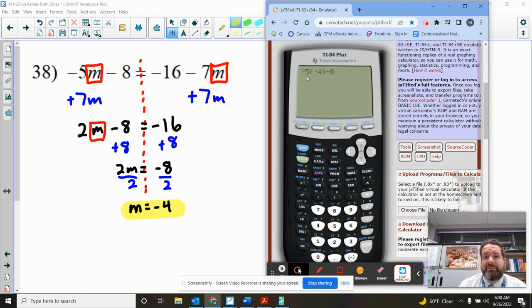All right, so on the left, it should be 12, okay? And on the right, let's do the same thing. Type it like it looks, going back to the original equation. And then in parentheses, for the m, the number I think m is. And we're hoping for a 12, which it is. That means that we have done things right.